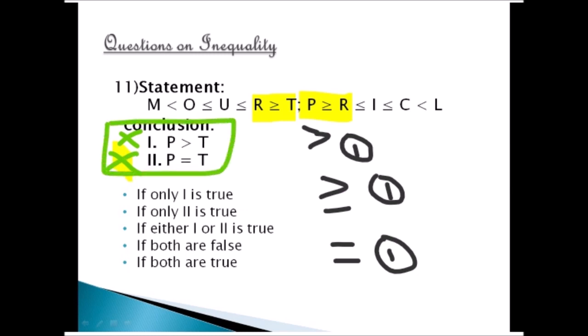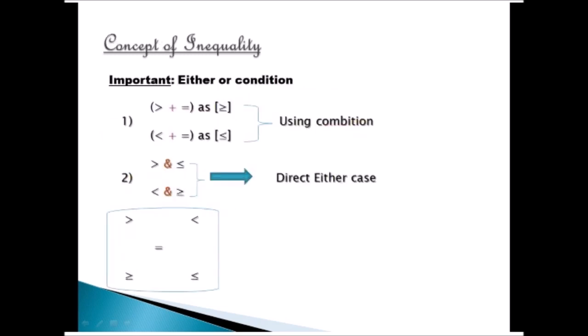But if I see this kind of conclusion, this is basically the either case. So the concept of either case is here. As we discussed before, this two is the conclusion part.